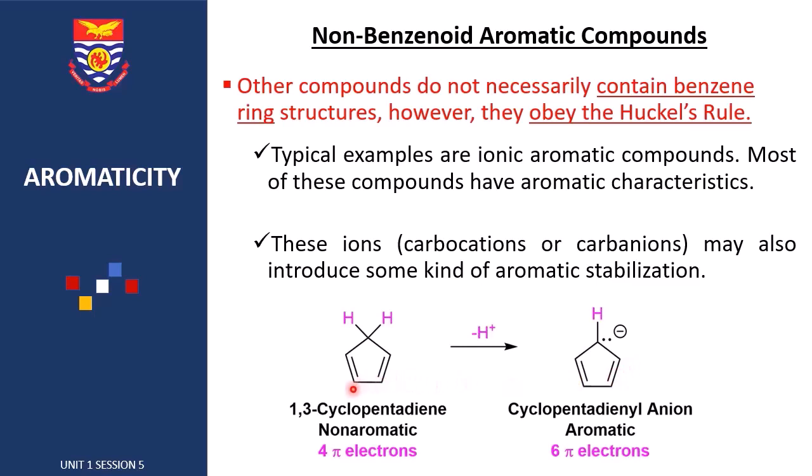In the first structure we have just 4 pi electrons, but the second structure has 6 pi electrons involved in conjugation and resonance, and therefore this anion is regarded as aromatic. In its neutral state, it is regarded as non-aromatic. And this is a typical example of a non-benzenoid aromatic compound.